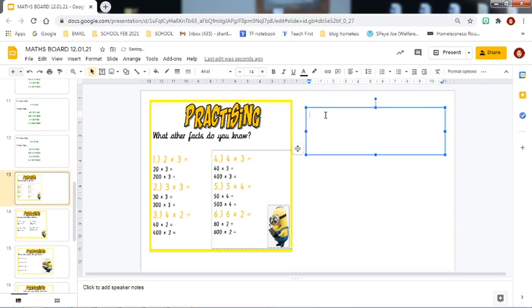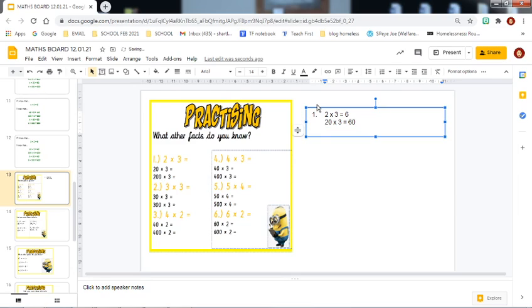So, number 1, what other facts do you know? I'm going to start with the fact I know. I know that 2 multiplied by 3 equals 6. I also know that I'm going to make it 10 times greater. 20 multiplied by 3 equals, and remember this should be a 10 times greater answer, which is 60.